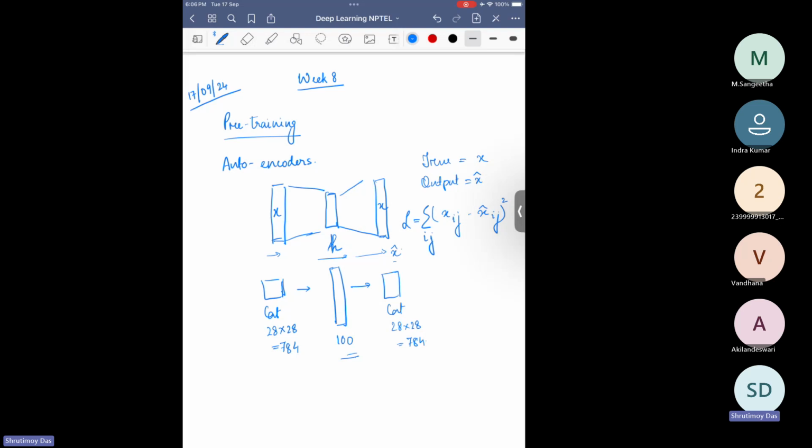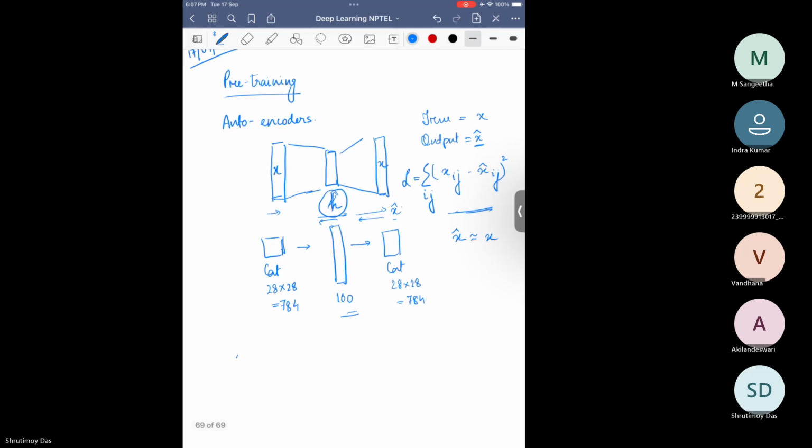It will try to see the difference of the image that you reconstructed with the true image. That will give us some loss, and using this loss it will again back propagate. Once you halt this process, the loss will be small. That means the output that you reconstruct will be almost the same as the input. So the h that you learn is a good representation, which is also called the latent representation.